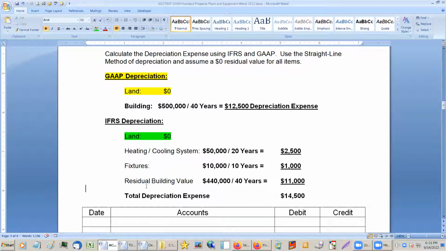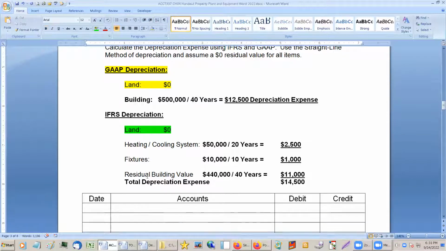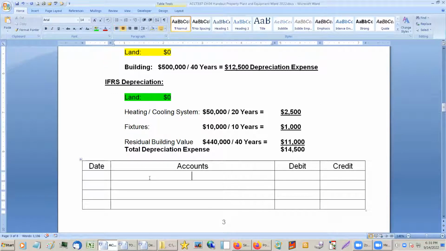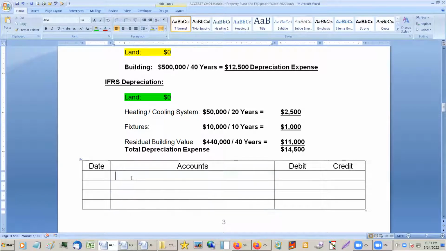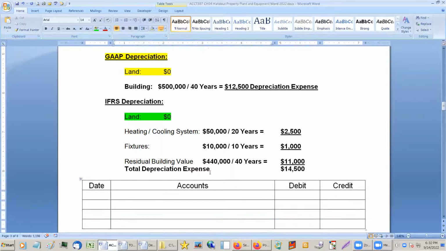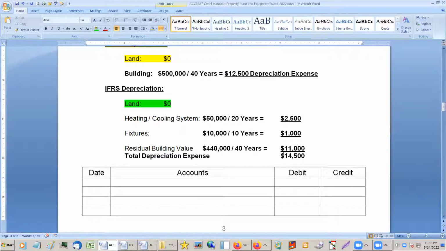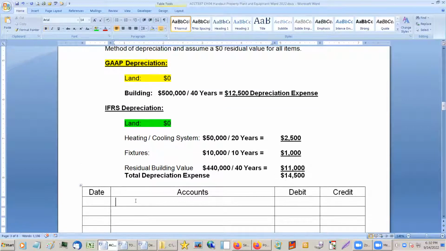If we had to make an entry to put this back into the US standards, the original entry that they would have would look like this.